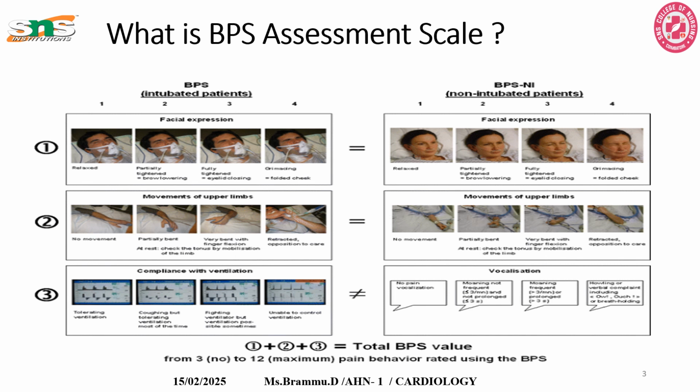And in case of fully tightening of the eyebrows and the eyelids tightly closed, then the patient will get a score of 3. And in case where the patient is having grimacing with folded cheeks, which shows that the patient is in severe intolerable pain, then the patient is going to get a score of 4 in facial expression.